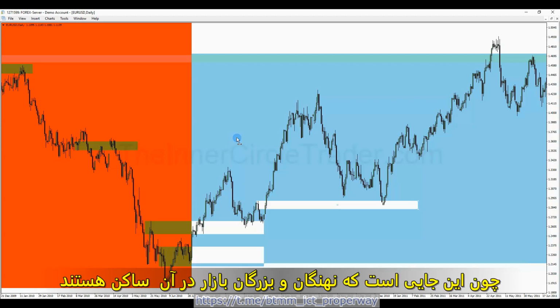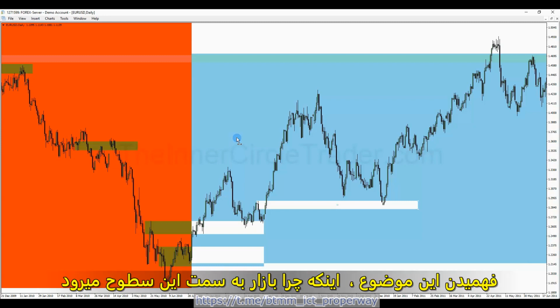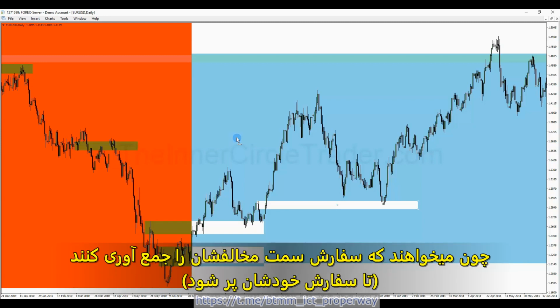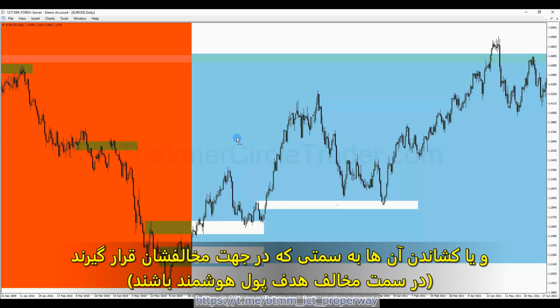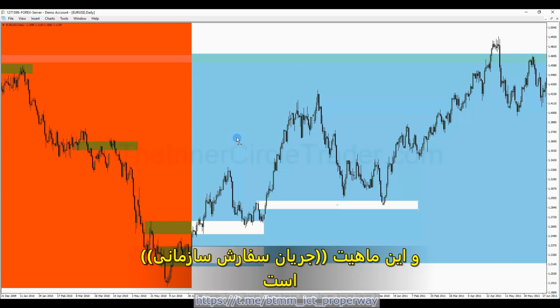That's where the large funds reside. And that's what pushes price around. Understanding that is why the market will go to these levels, because it's wanting to take those participants either out of the marketplace or draw them in as counterparties to their intended purpose. Either being a buyer, counterparty to sell stops, or to be a seller counterparty to buy stops. And that's the nature of institutional order flow.